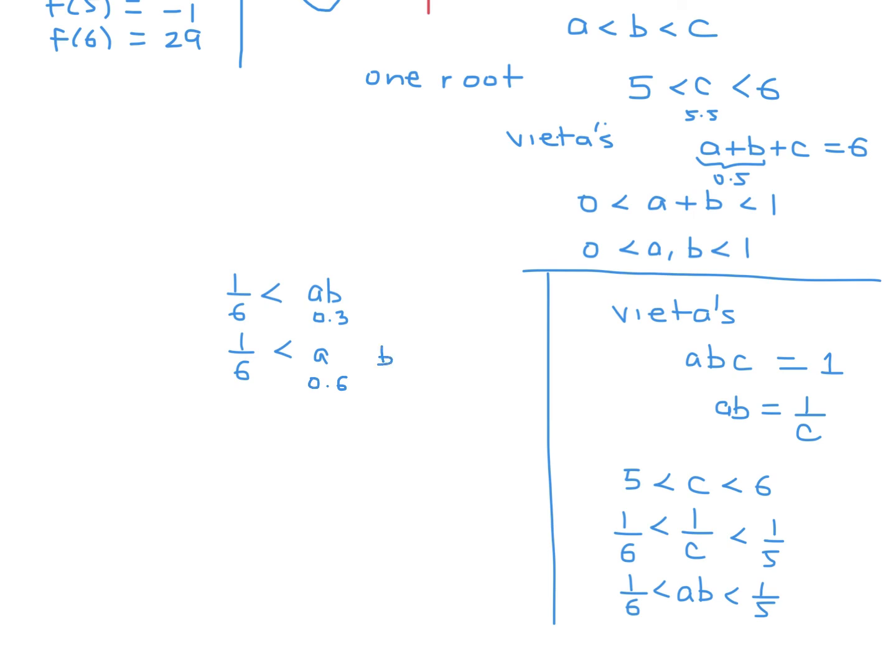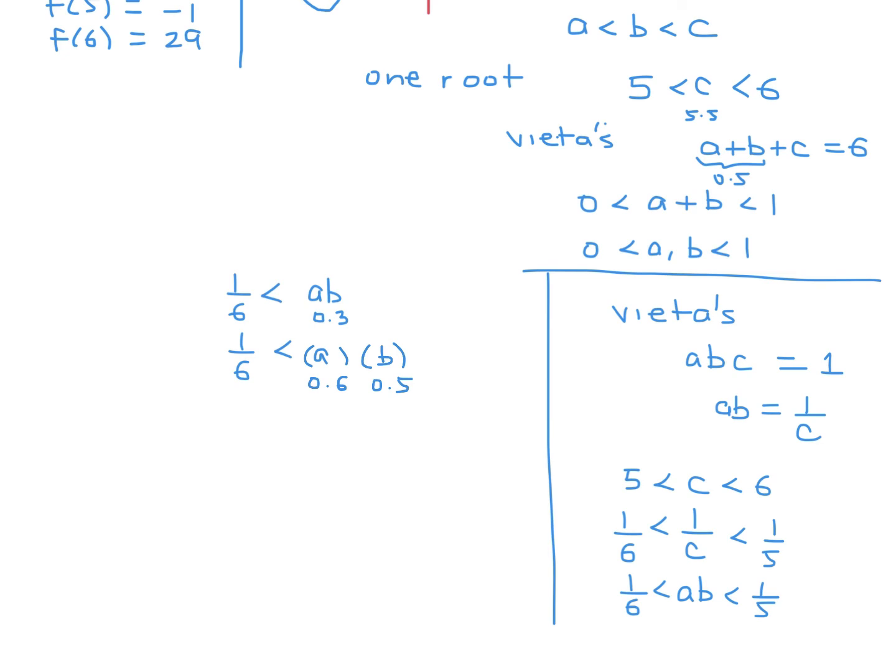So B, for that to happen, would have to be 0.5. See? Because both of these numbers are less than 1. So if AB is greater than 1 over 6, then that must mean that A is also greater than 1 over 6, because A has to be greater than A times B. So that's the logic that we have applied to come up with this.